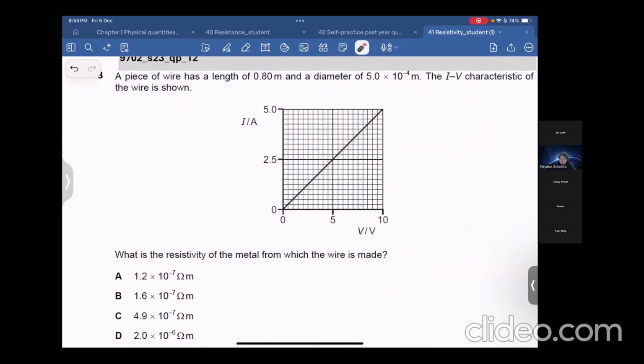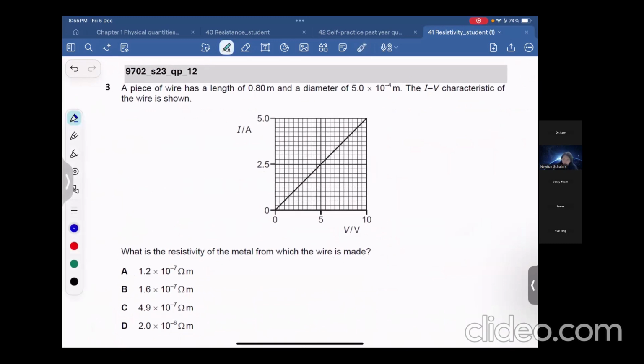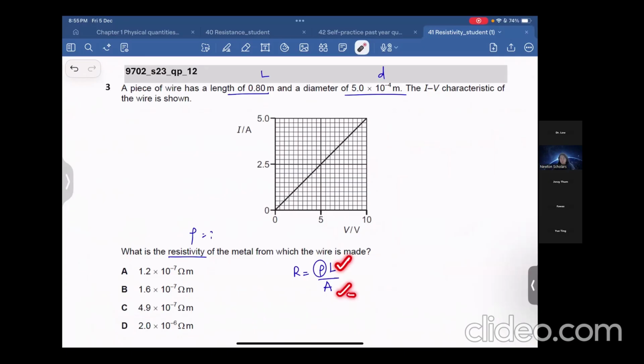Here they give you question number 3, give you the length, give you the diameter, give you a graph. So what is the resistivity? Formula R equals rho L over A. They're asking what is the resistivity. Did they give you the length? Yes. Did they give you the area? No, but we can calculate it by using the diameter.